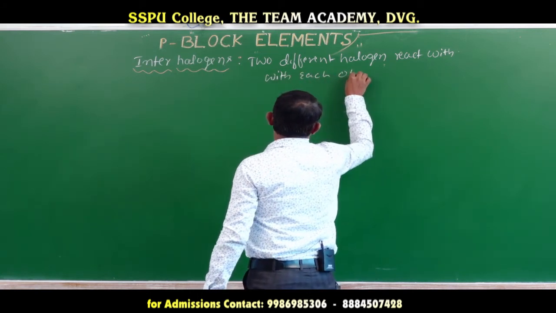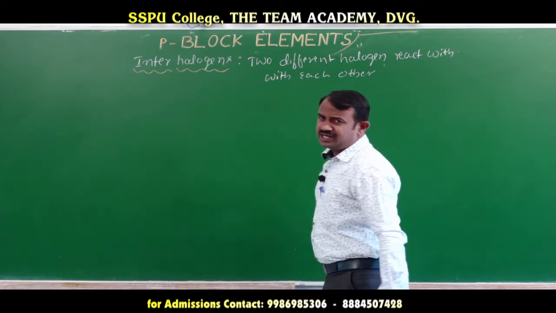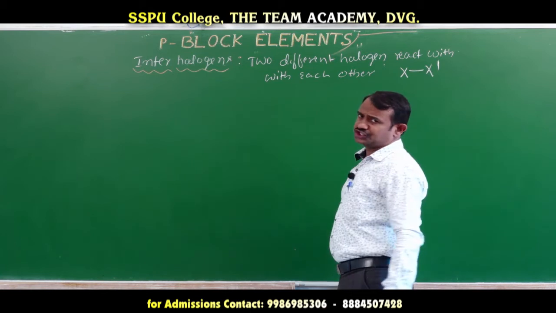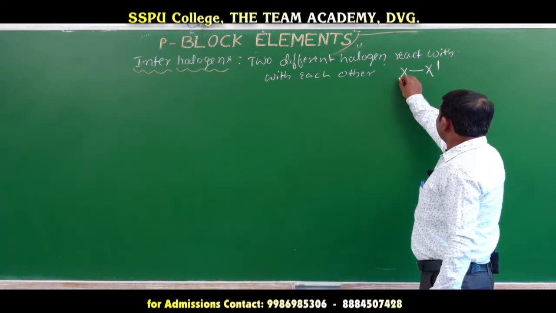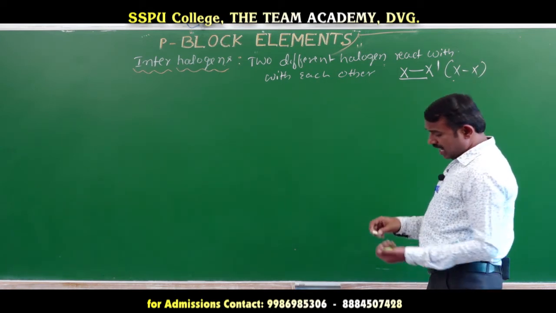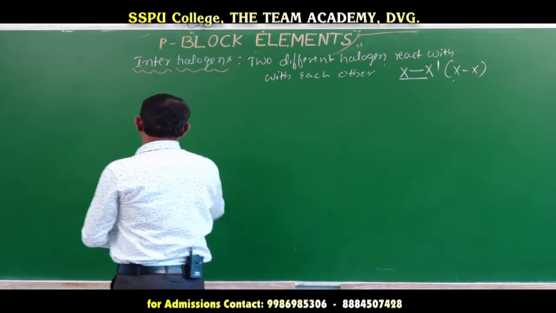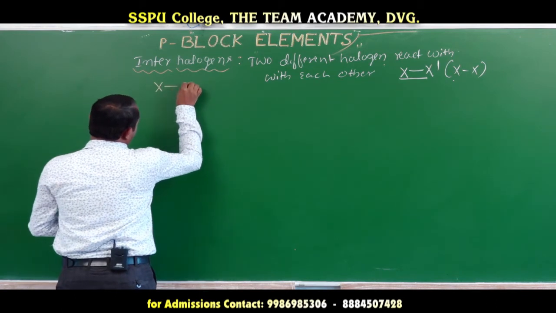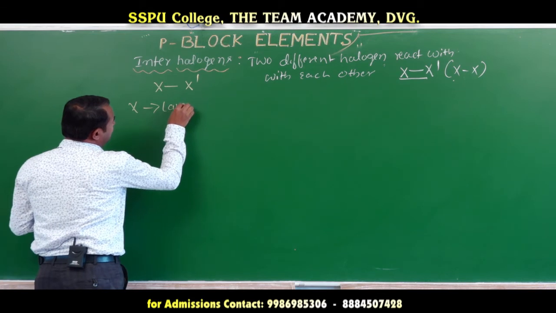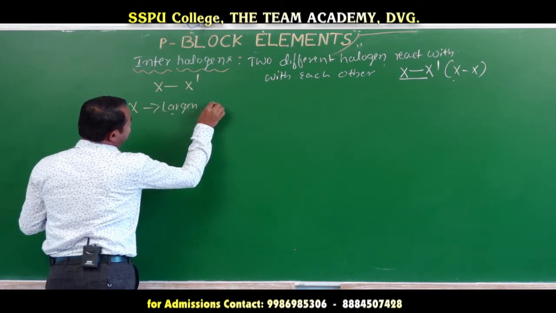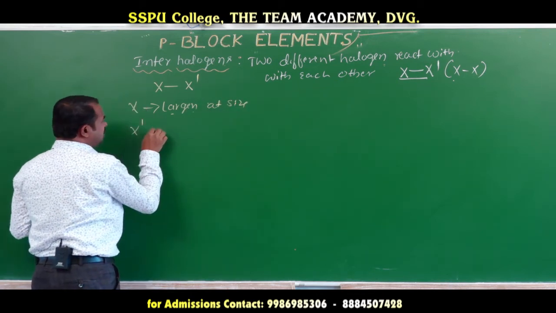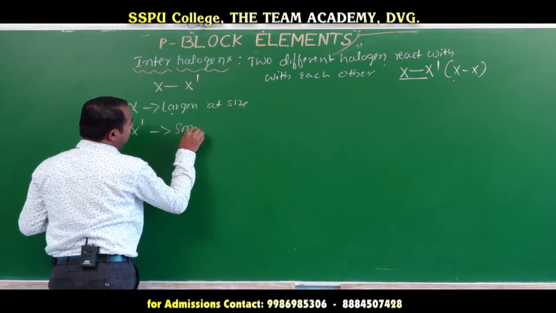This is called interhalogens. The formula is XX dash. The halogens have the formula X2, and the interhalogen is XX dash, where X has the larger atomic number and atomic size, and X dash has the smaller atomic size.